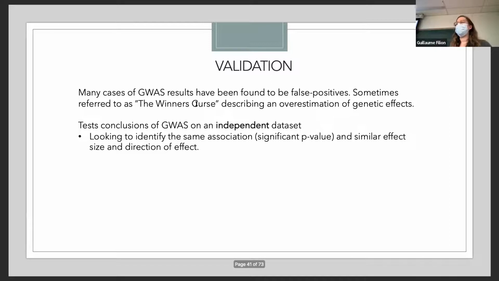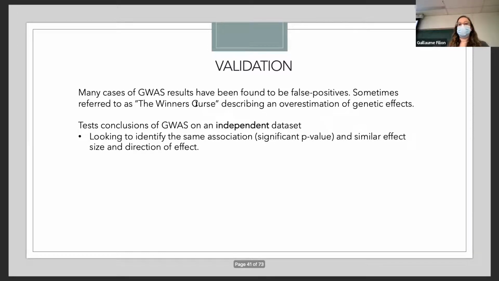You pick up significant associations and get excited because you found an association with a disease, but if it's a false positive, you're going to publish something that is not actually true. Instead, you need a validation, which is a completely independent data set. Whatever conclusions you got from your GWAS, you now test those same SNPs in your independent data set to see if they're still significant.